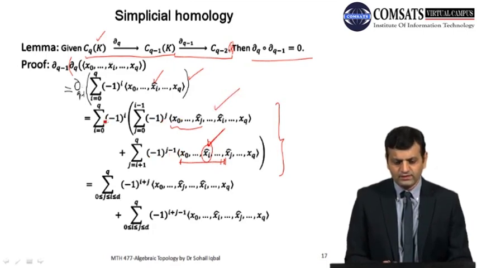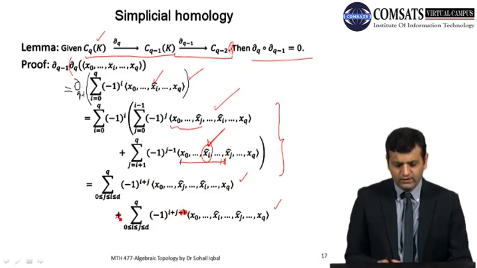Once again, distributing this summation, we can write it as minus 1 raised to power i plus j, and minus 1 raised to power i plus j minus 1. These two expressions are more or less the same, but the difference is minus 1 raised to power i plus j versus minus 1 raised to power i plus j minus 1.